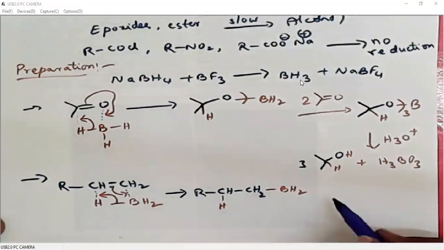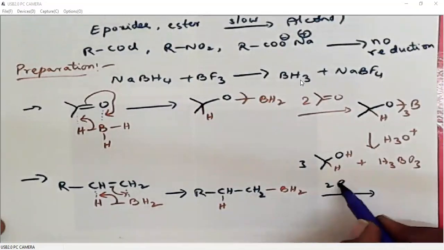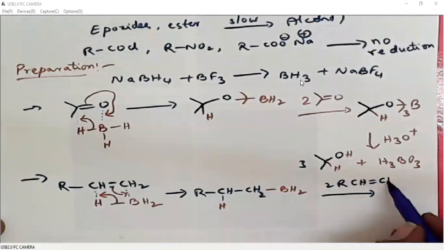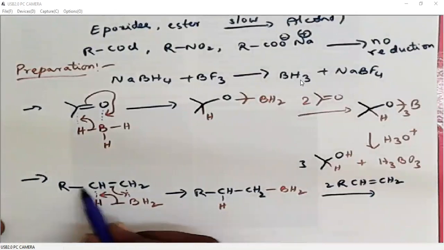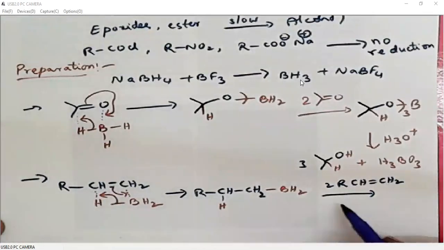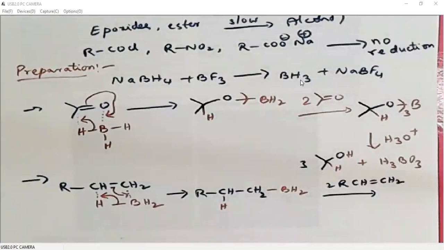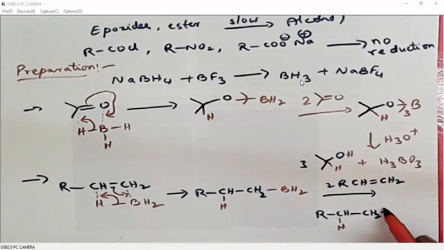Of course, when we add two more alkene groups, we are generating a trialkyl borane.